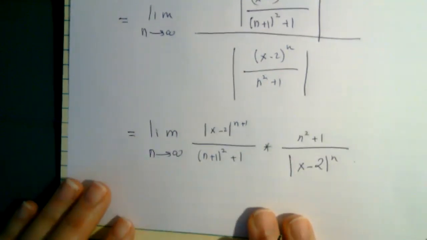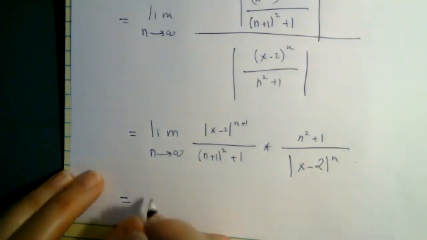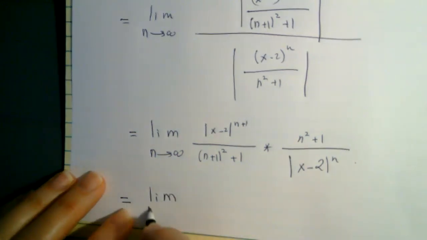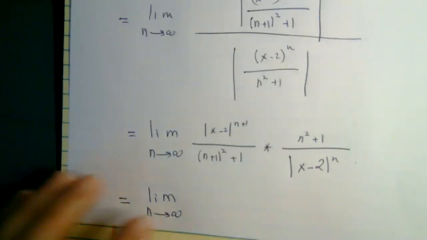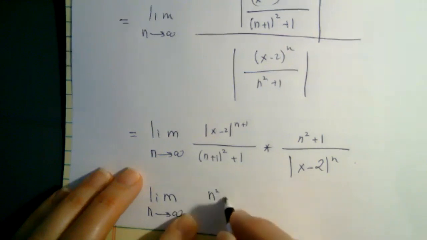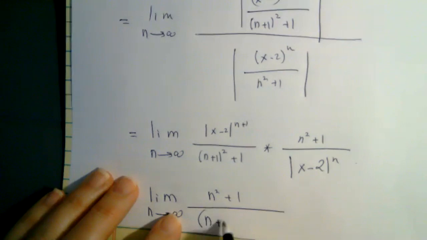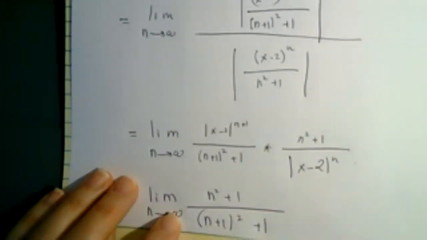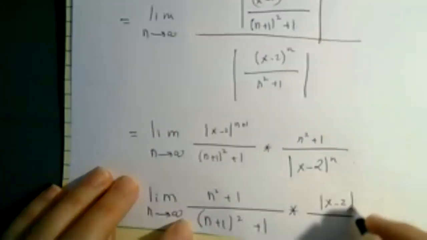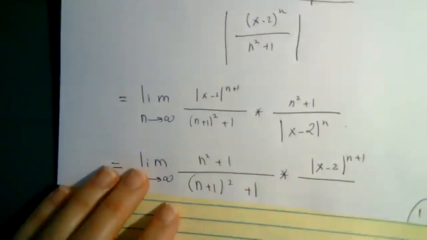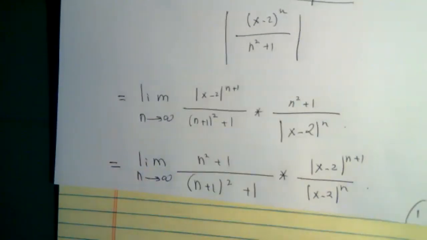I'm going to rearrange the terms so that I can simplify. The like term is n squared plus 1 over (n plus 1) squared plus 1, times (x minus 2) to the n plus 1 over (x minus 2) to the n.